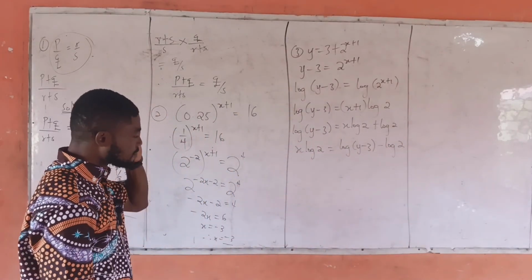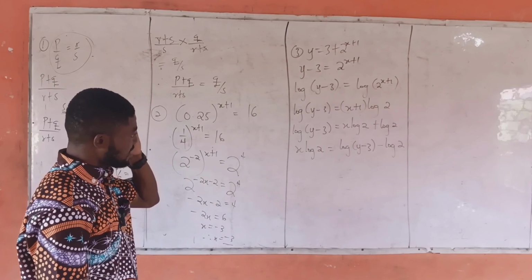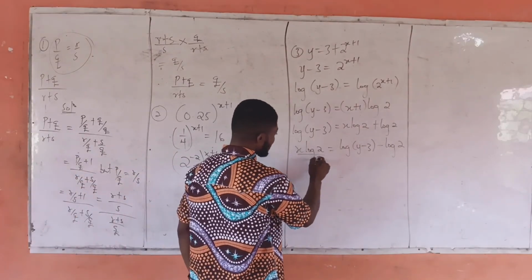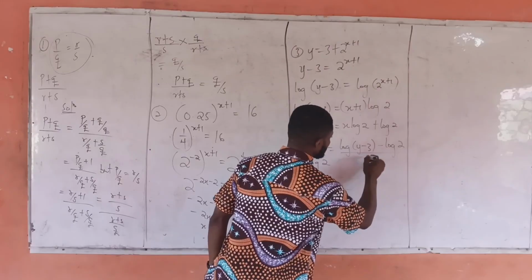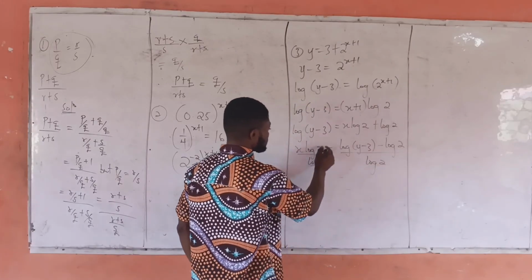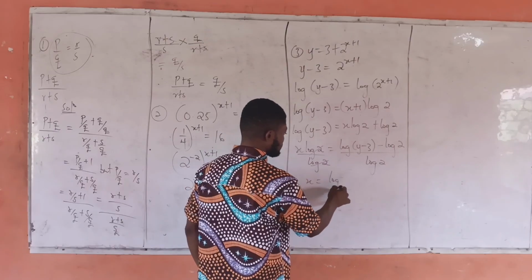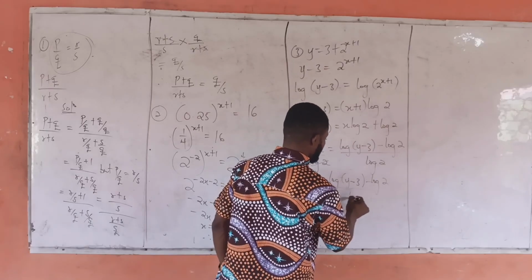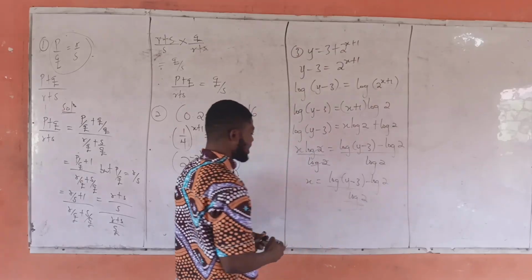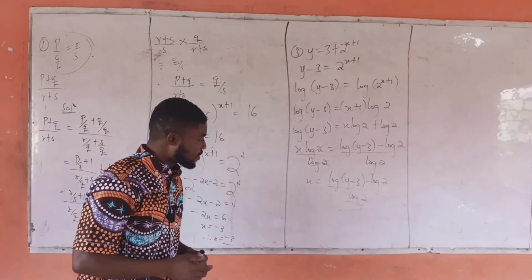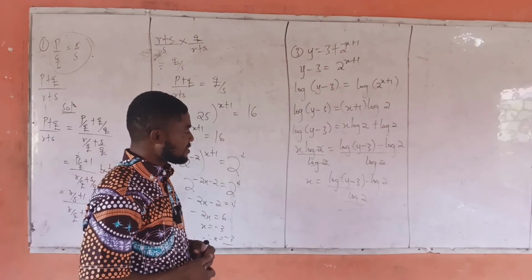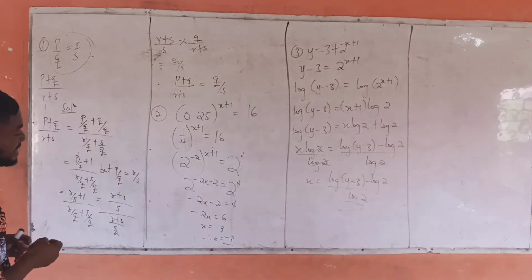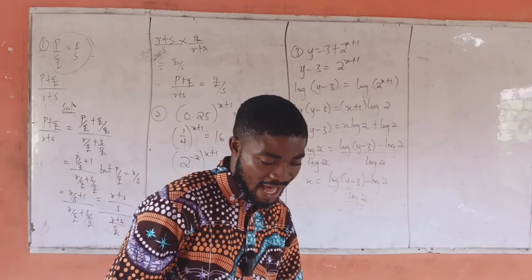I have log of y minus 3 minus log 2, and then we divide through by log 2. And so x is equal to log into bracket y minus 3 close bracket, all minus log 2, all over log 2. Question 1, question 2, question 3 successfully answered.